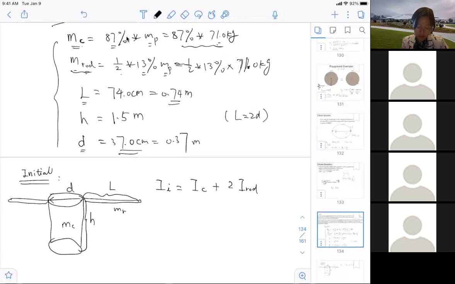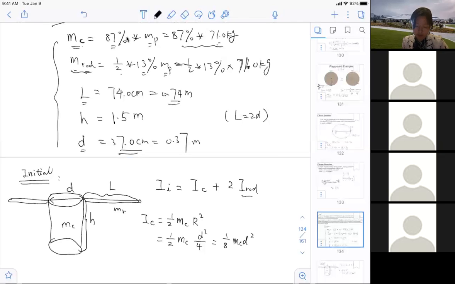The cylinder is simply 1/2 m r squared. The mass of the cylinder is already given, so I'm just going to keep it as mc for now. r is half of the diameter, so it's d over 2, so r squared is d squared over 4. All right, so I have Ic is 1/8 mc d squared.